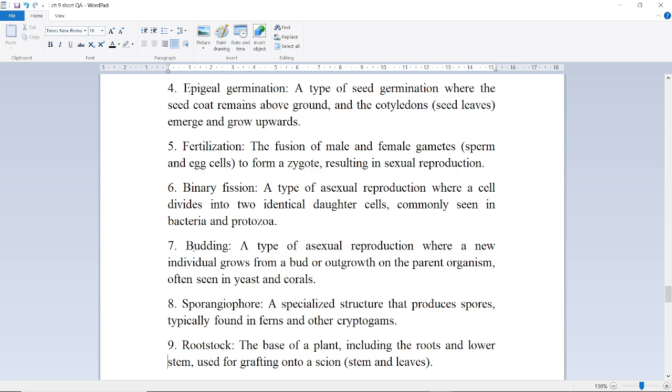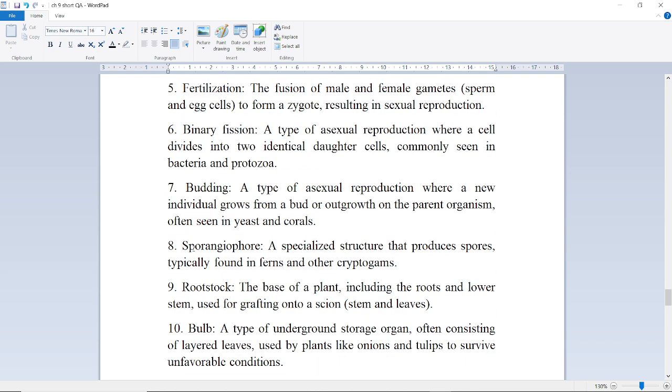Sporangiophore, a specialized structure that produces spores, typically found in ferns and other cryptogams. Rootstock, the base of a plant including the roots and lower stem used for grafting onto a scion, stem and leaves.